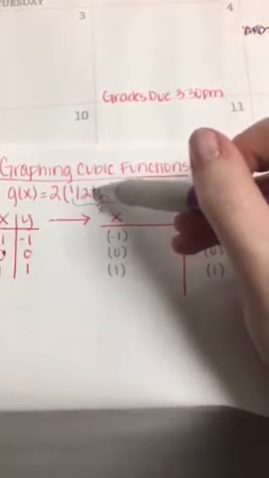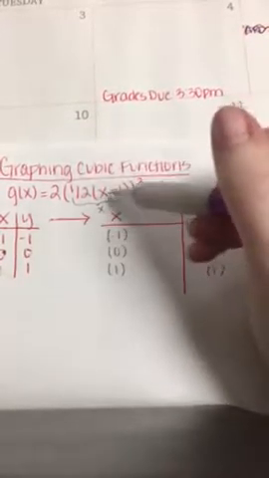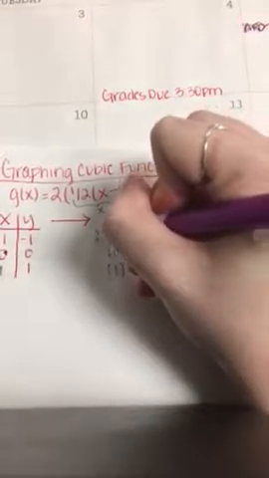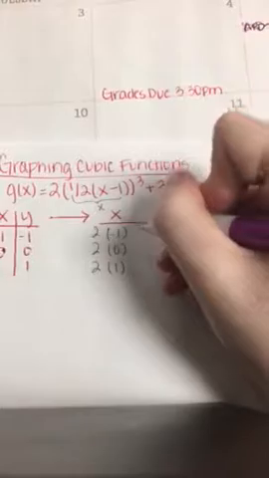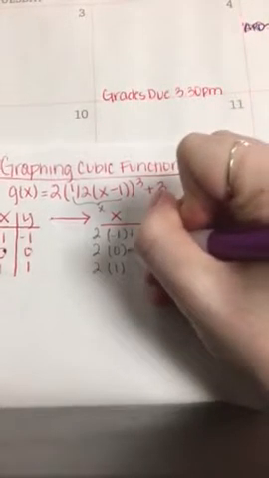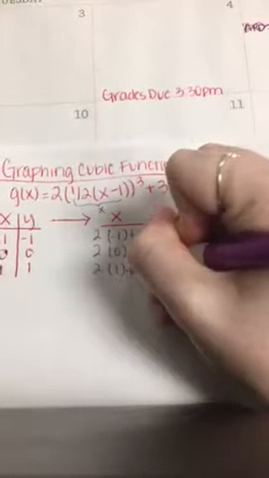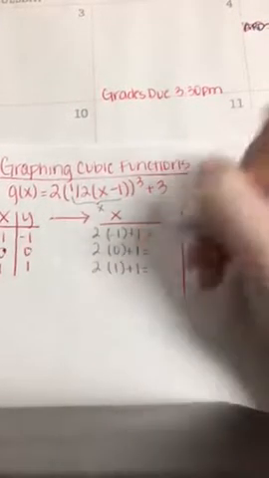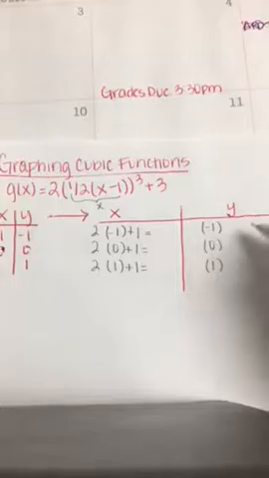And remember, we multiply with the b value. So all of my x values are going to get multiplied by a 2. Okay, my x values are also going to get added 1, because that is my h. And what happens is this will give me my new x values for the function that I want to graph.